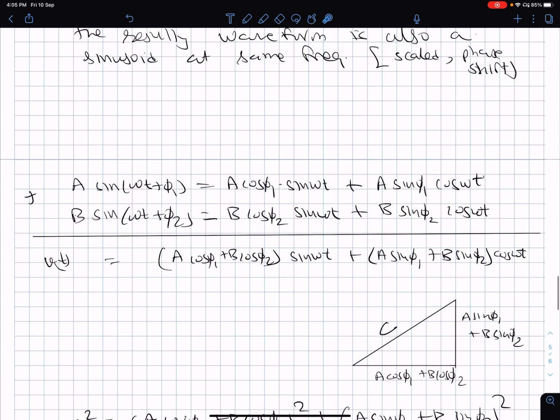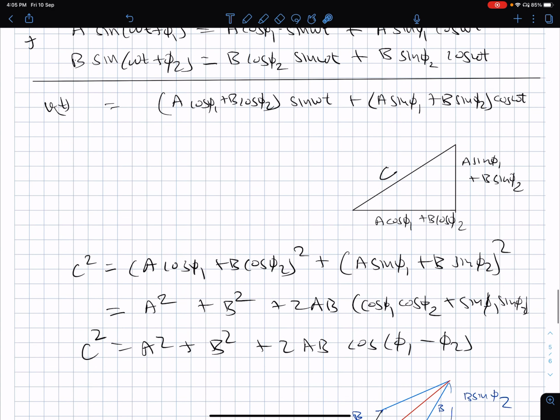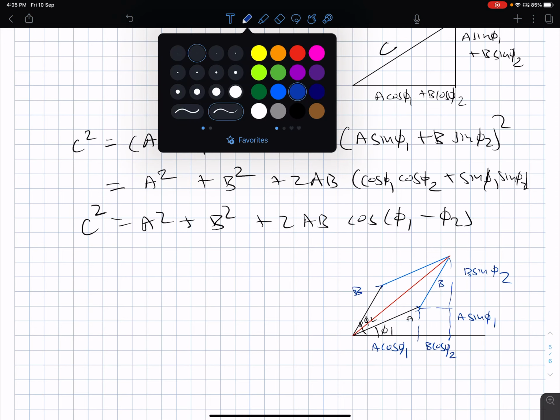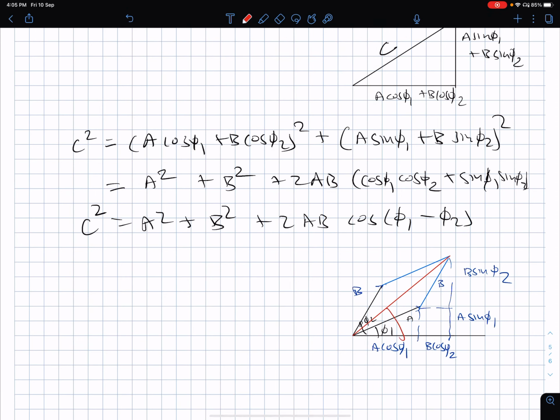So the thing is, now what happened to V? Let's call this third angle here a phi angle.